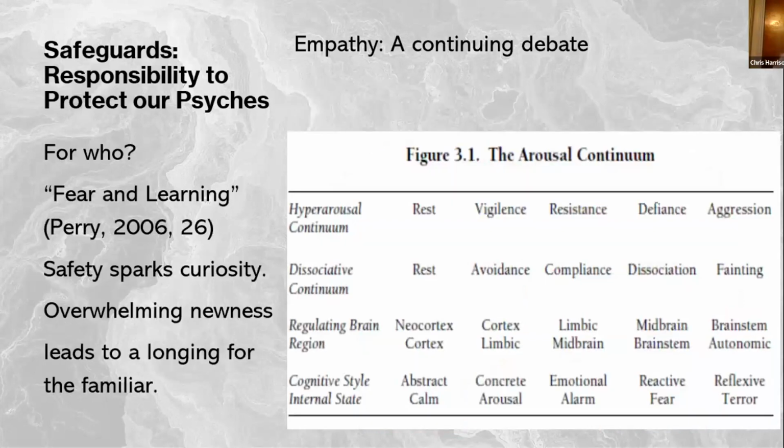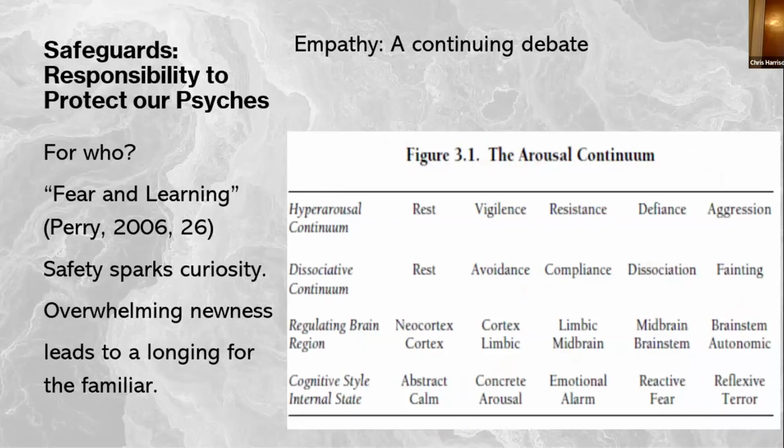That range of the debate on empathy reminded me of a piece from Bruce Perry. It's quite a classic piece on the psychology of students, and his work, Theory and Learning, essentially tracks safety as a place which can then spark curiosity, as well as avoiding this overwhelming aspect.